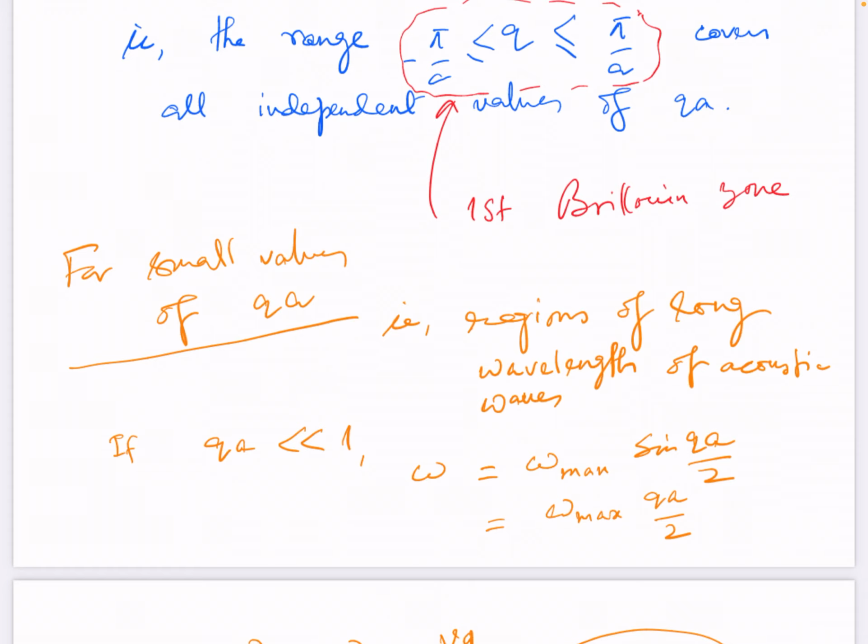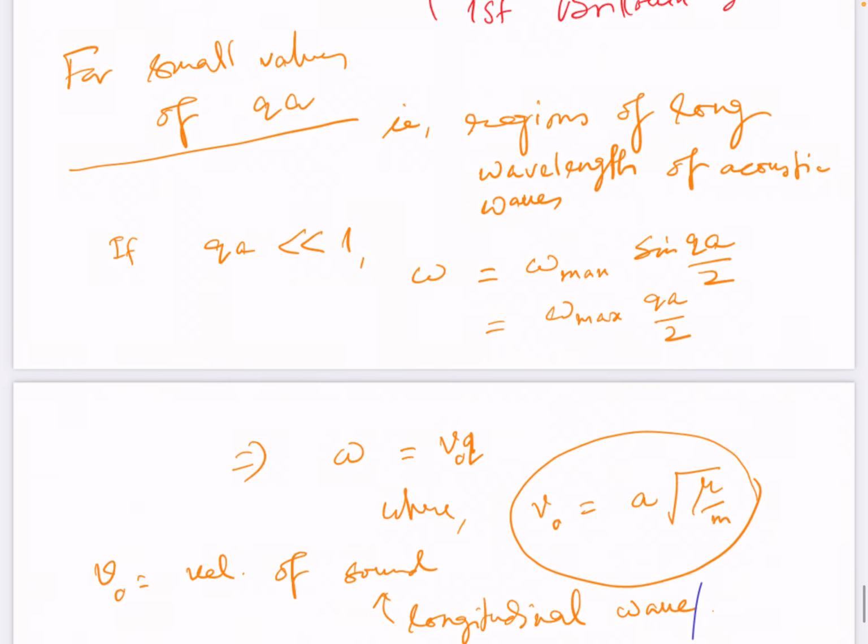Now, corresponding to very small values of qa, that is, if qa is very much less than 1, one can write omega equal to omega max times sine of qa by 2. When qa is very small, sine qa by 2 becomes qa by 2, so omega is omega max times qa by 2. This shows the linear relationship between frequency and the wave vector, which I mentioned earlier.